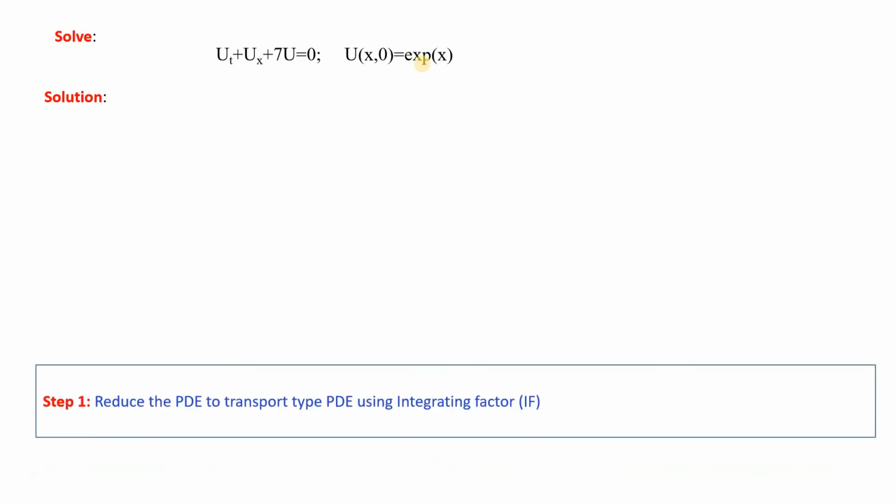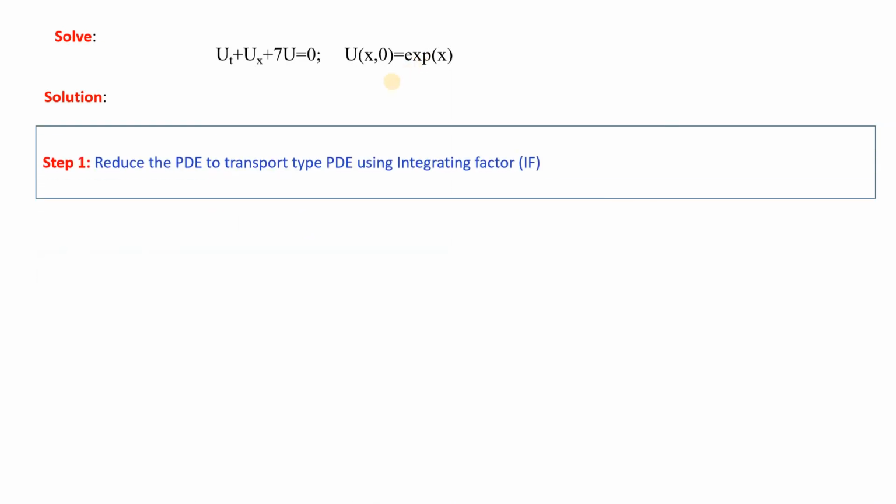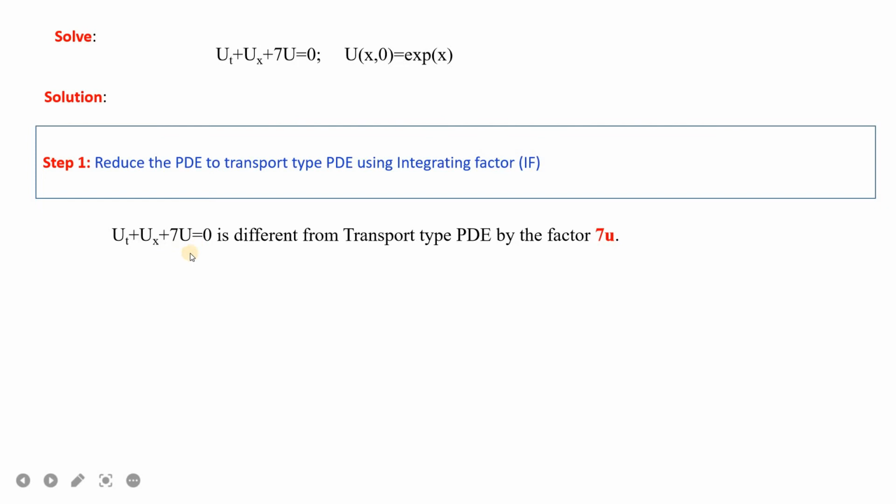In step 1 we have to reduce this partial differential equation to a transport type partial differential equation using the integrating factor. As this equation differs from the transport type by the term 7u, we define our integrating factor by considering the part u_x plus 7u equal to 0, or we could also define it using u_t plus 7u equal to 0.